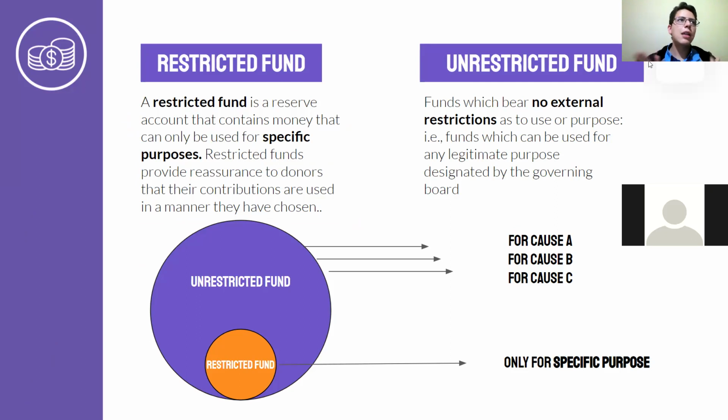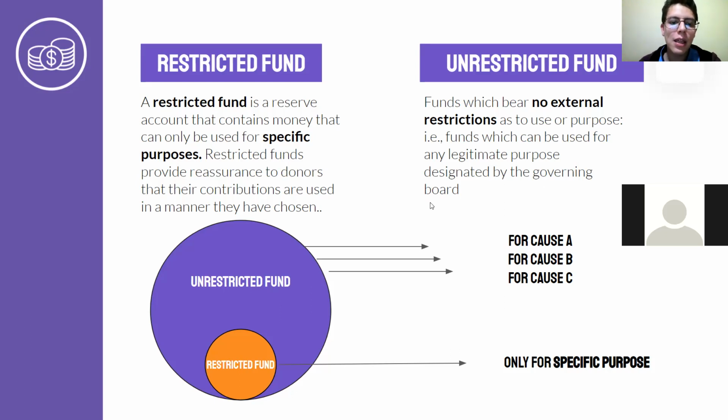Basically, you have a clear objective to use this money. The unrestricted funds are more general and flexible, so you can define them for different activities, and this money can be moved to other uses, more toward moving causes forward instead of specific purposes.